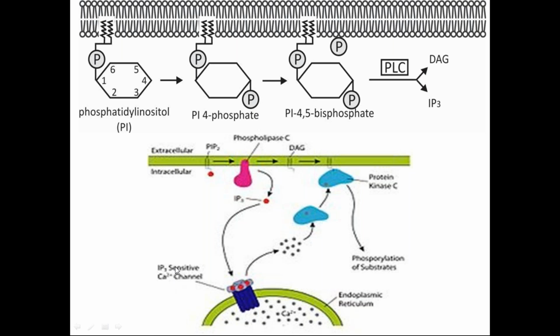This IP3 will go and bind with the calcium channels present on the endoplasmic reticulum, and inside the endoplasmic reticulum, calcium ions are present. As soon as IP3 binds with this calcium channel, it opens, and the calcium from the endoplasmic reticulum comes into the cytoplasm.